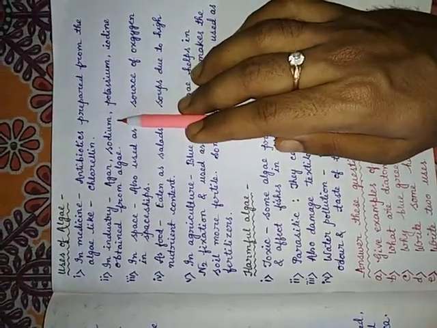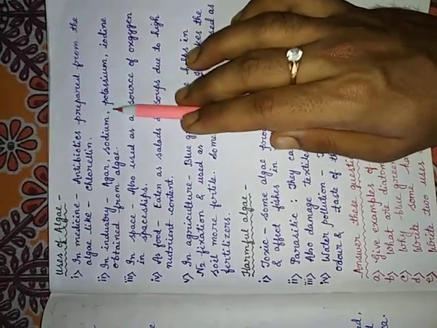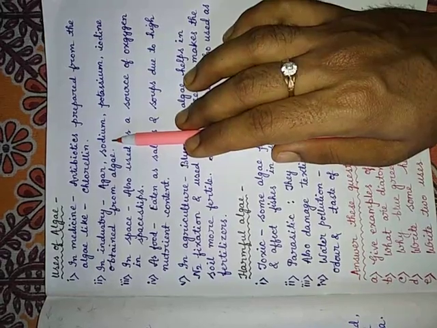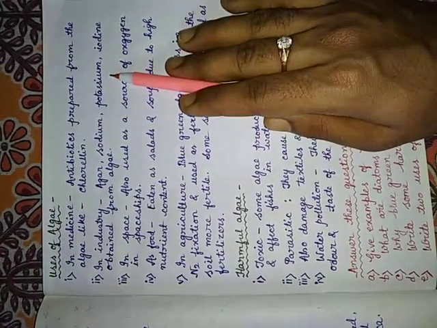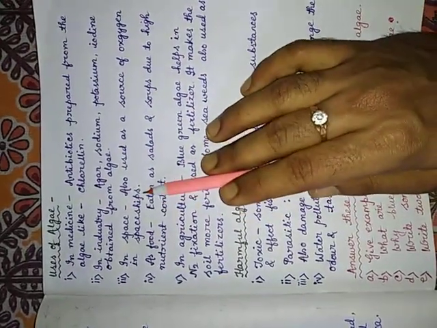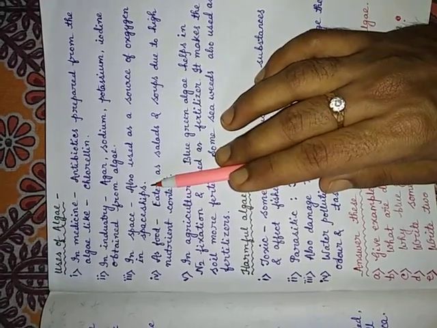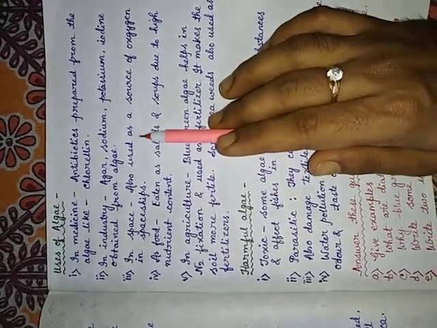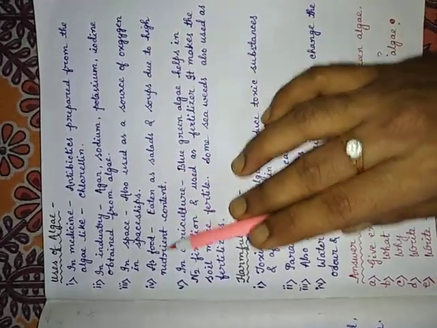These chemicals are used mainly in different kinds of laboratories. Sodium and potassium are mainly used in chemistry laboratories or other science laboratories. In space, algae is used as a source of oxygen in spaceships. Besides oxygen, it is also used as a source of food in space.